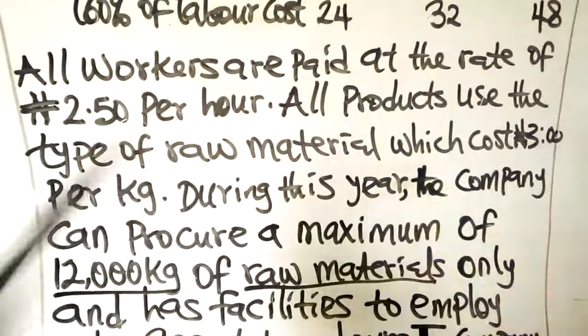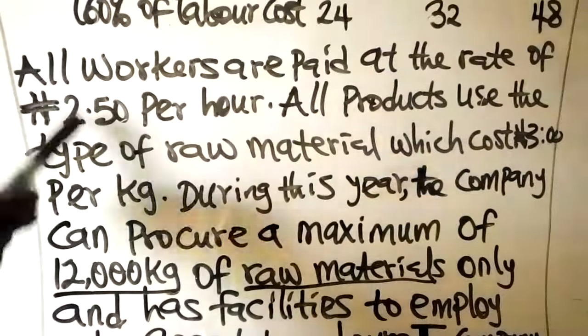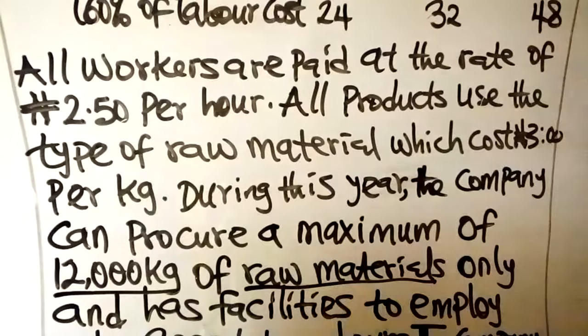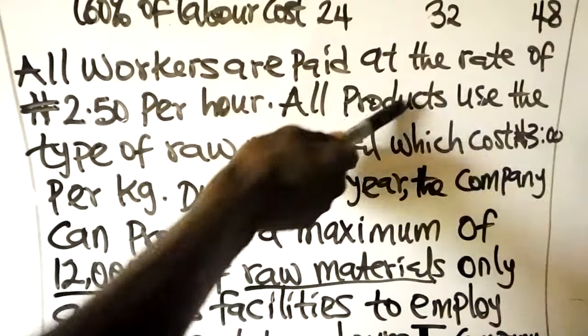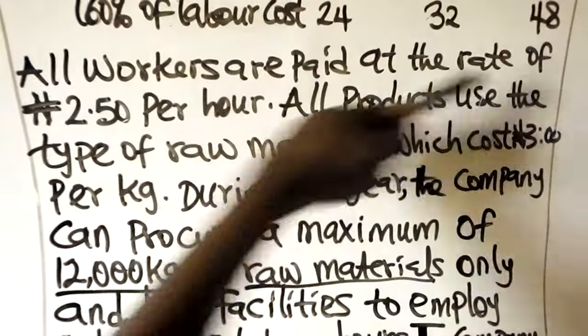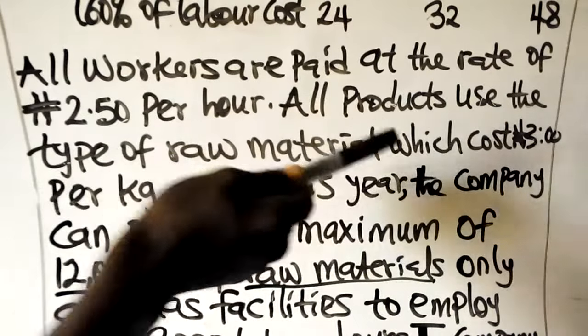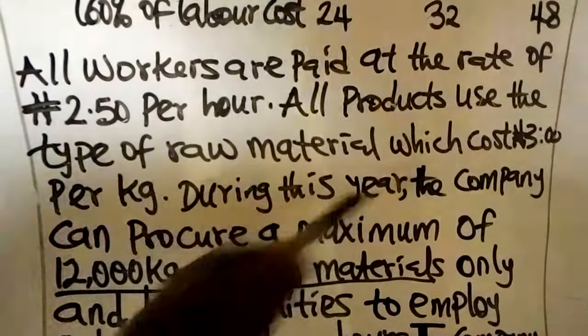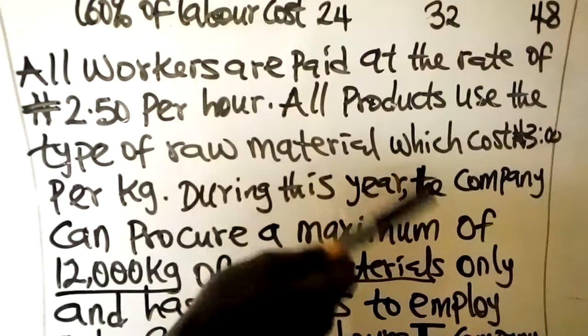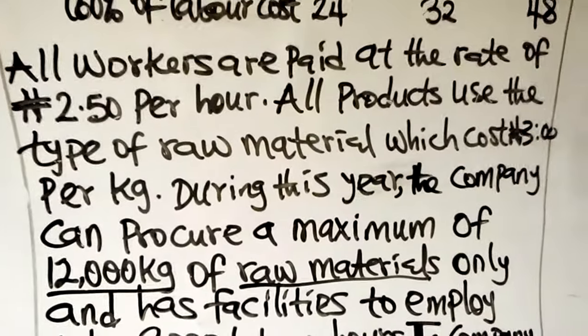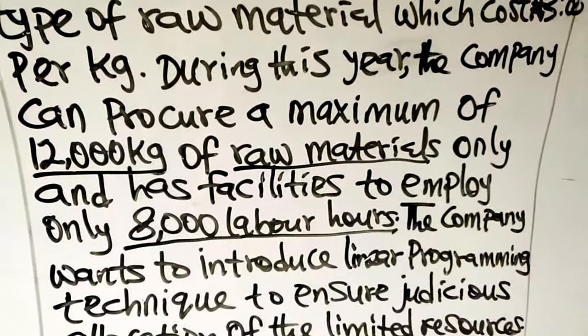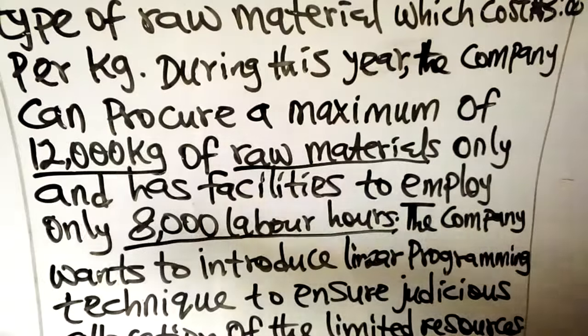All workers are paid at the rate of 2 naira 50 kobo per hour. That is the rate per hour. All products use the type of raw material which costs 3 naira per kg. That is the price per kg. During this year, the company can procure a maximum of 12,000 kg of raw materials. So the maximum raw material they can procure is 12,000 kg. That means one of the limiting factors is material.